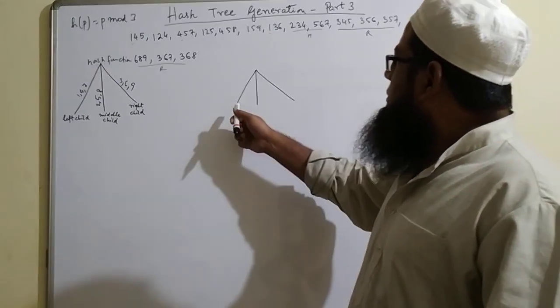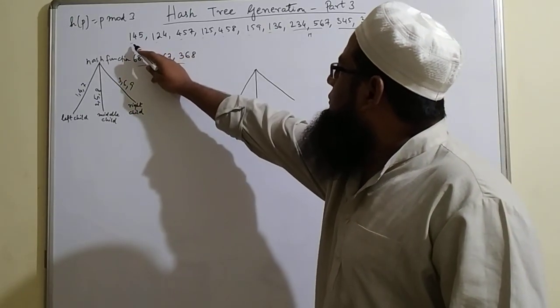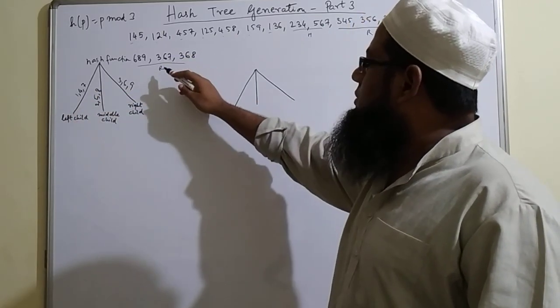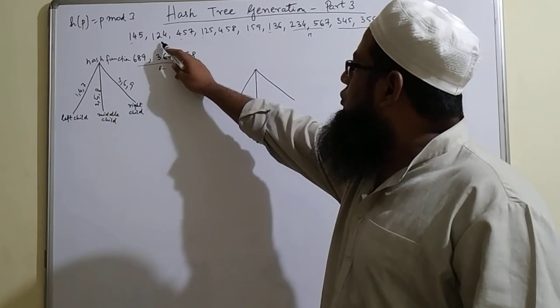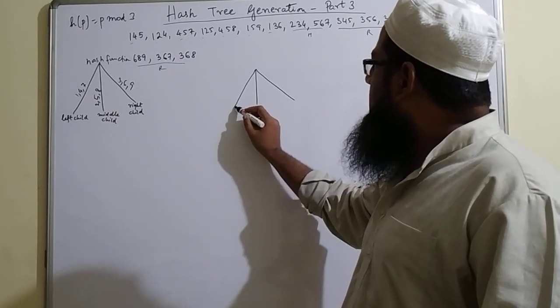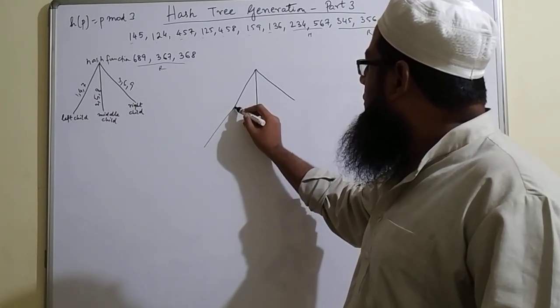Here it is 4, and 4 means left child. No issues in that. Then you have 2, and 2 means you have a middle child. So the left branch is again divided into 3 parts.